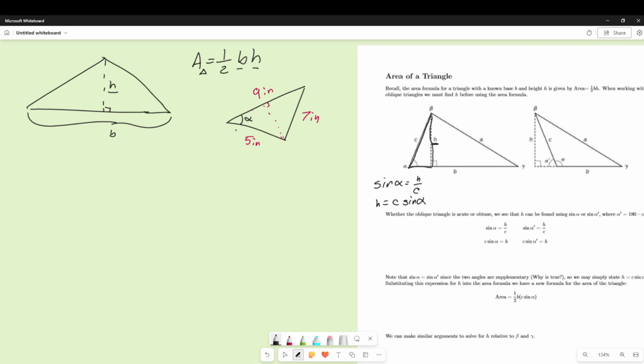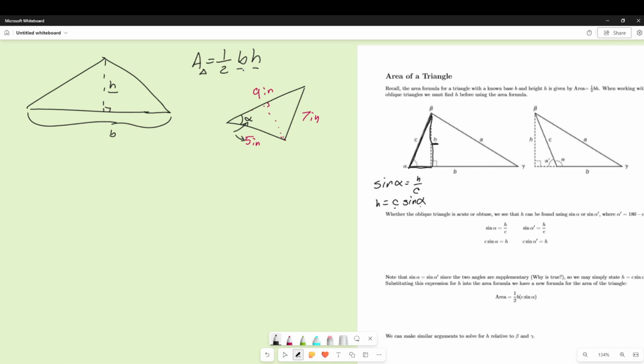In this case we'd have to use that alpha and say that 5 or the 9 if we want to. Notice this alpha and that c are not opposite pairs. That c is one of the sides that makes up the angle. So as long as we can find that, then we have a nice way to find what that altitude is.